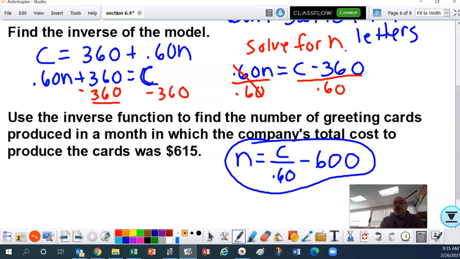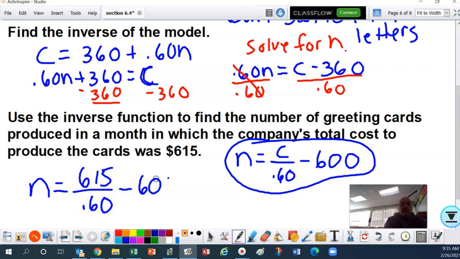Now, use the inverse function to find the number of greeting cards produced in a month in which the company's total cost to produce the cards was 615. So the number of cards produced is going to be 615 divided by the 0.60 minus the 600.